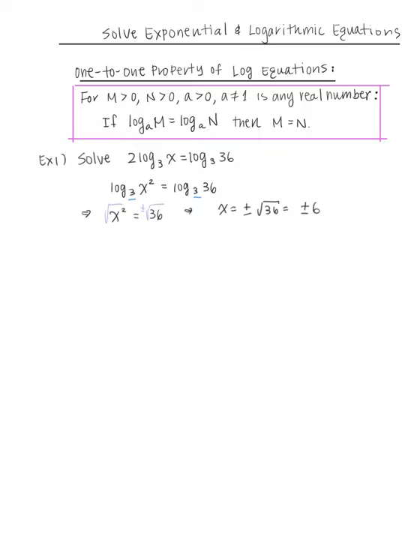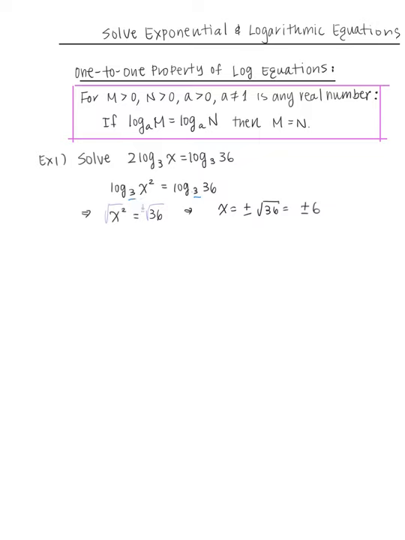Now make sure to check your solution because, if you remember, the argument of the log has to be greater than 0, meaning log base anything of 0 is undefined and log base anything of negative numbers is undefined.